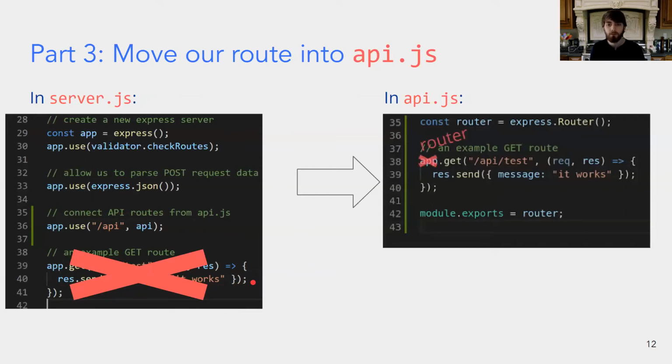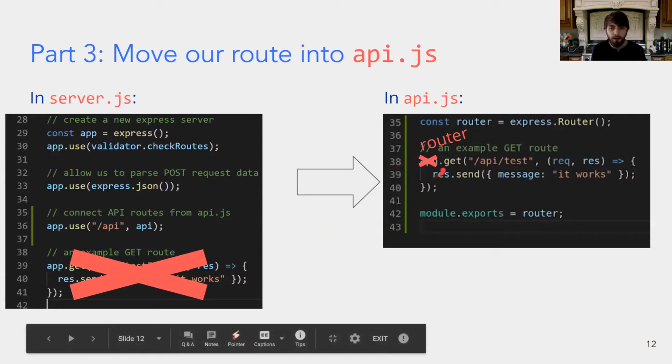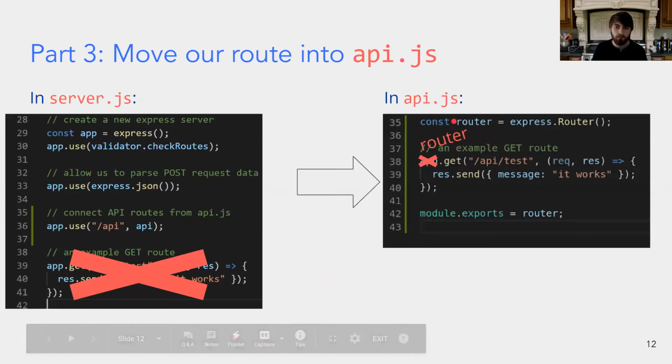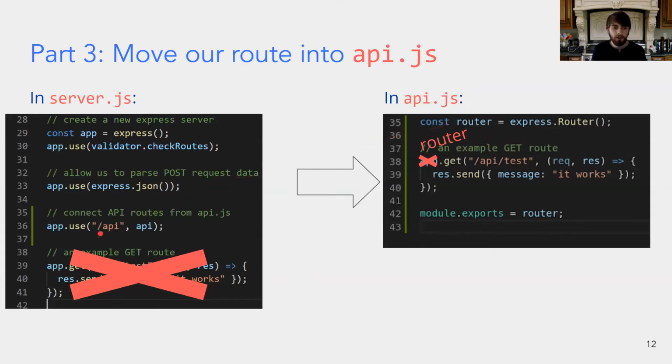But that won't be all we'll do, exactly, as now the app is instead our router. And because all of our routes that exist in API are already mapped to /api, we don't have to have the /api at the front, and instead we can just have /test.